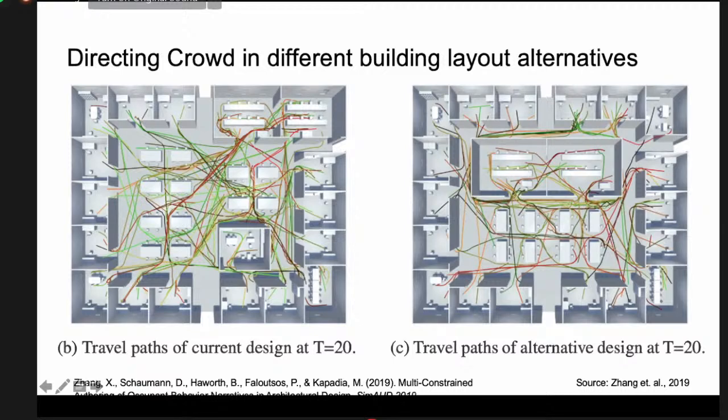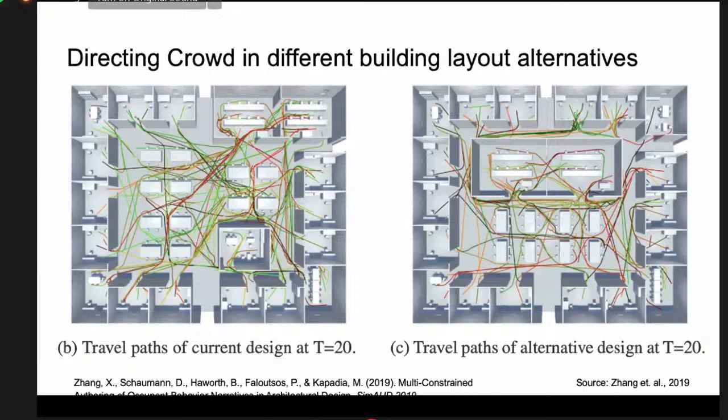And they tested how people move in that building, the possibility of how people access the rooms and also move around the interior part of the building. Using this kind of evaluation, we can choose what we really want to have in our design.